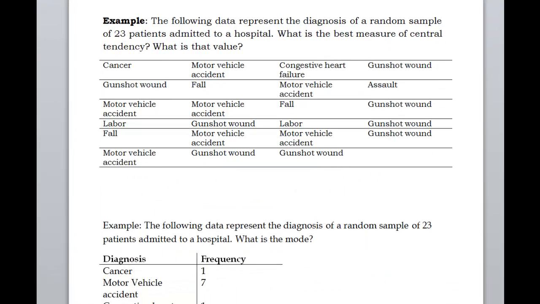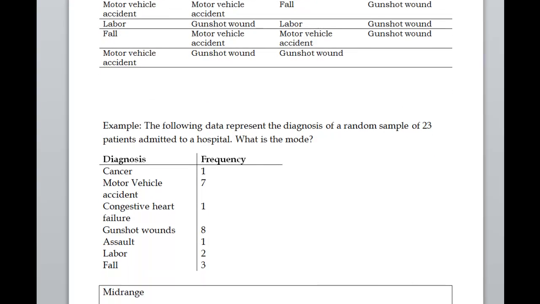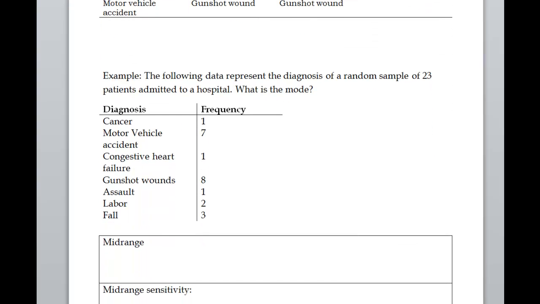Okay, I want you to think about it for a second. What do we call this chart? Frequency distribution, and in particular, what kind of frequency distribution is it? Starts with a C. Categorical. Okay, this is a categorical frequency distribution because we have categorical data.